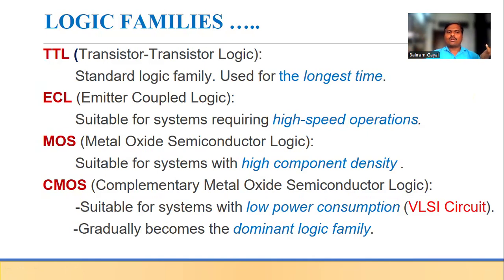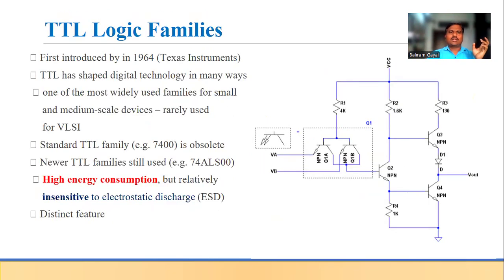Then MOS, that is metal oxide semiconductor logic, is suitable for systems with high component density. Then CMOS, that is complementary metal oxide semiconductor logic, is suitable for systems with low power consumption, such as VLSI circuits. Gradually it becomes the dominant logic family in the electronics field.